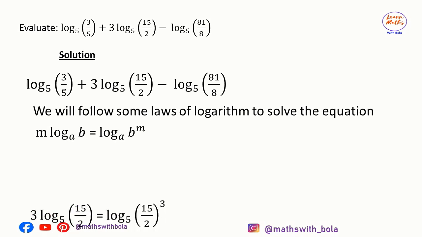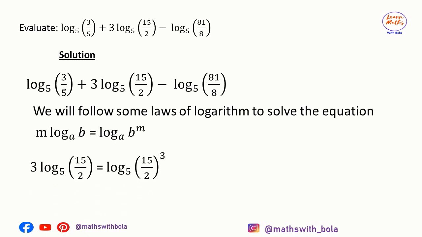So what we'll do is to express the second part, 3 log base 5 of (15 over 2), as log base 5 of (15 over 2), everything in bracket raised to power 3, so that every part of this expression looks alike.